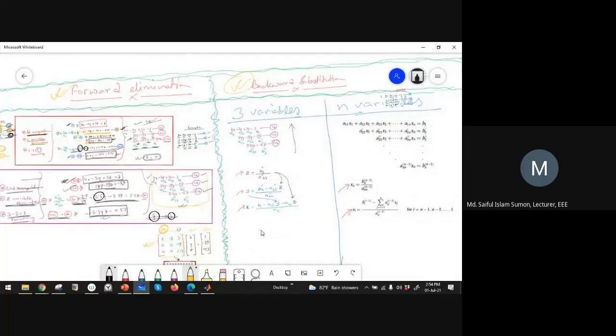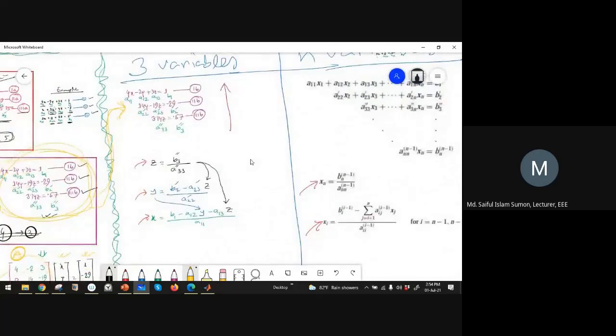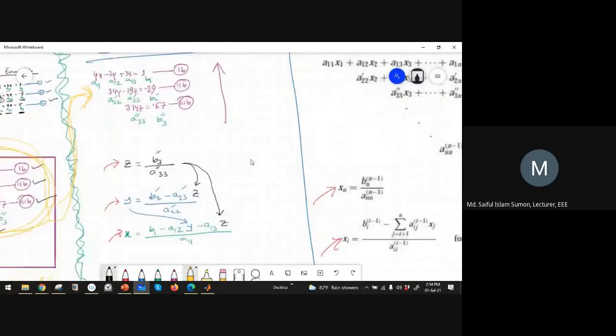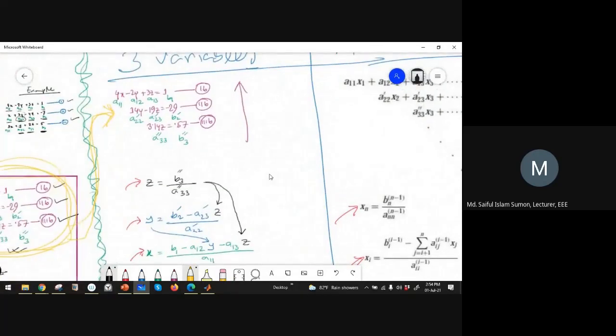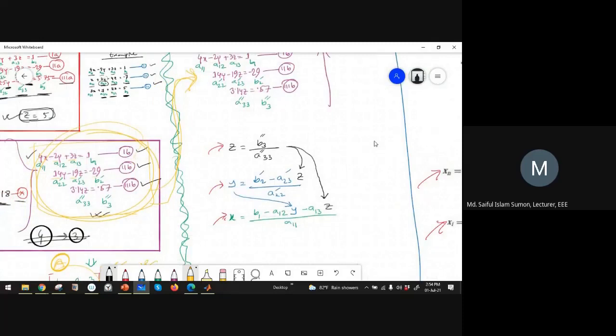If I simply write these equations here, you can see after the second manipulation these equations again. These values were changed. There was no manipulation here. That's why A11, A12, A13, B1, all those things were the same.